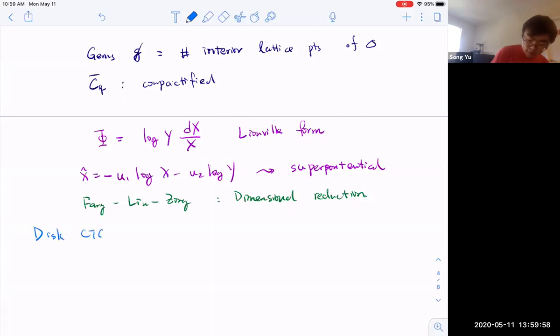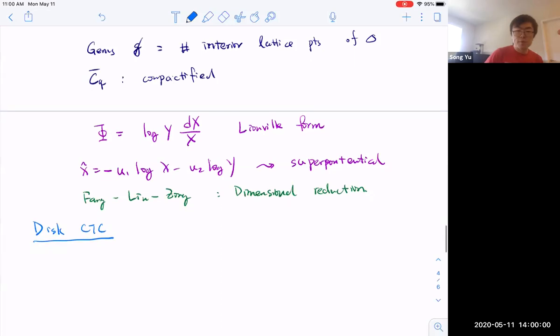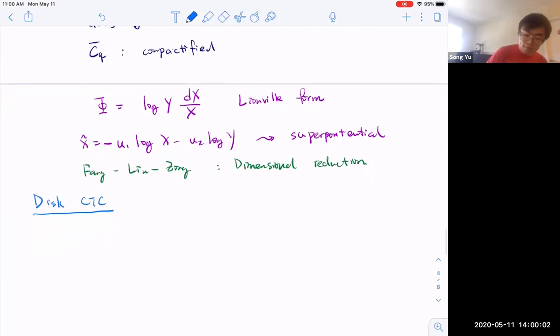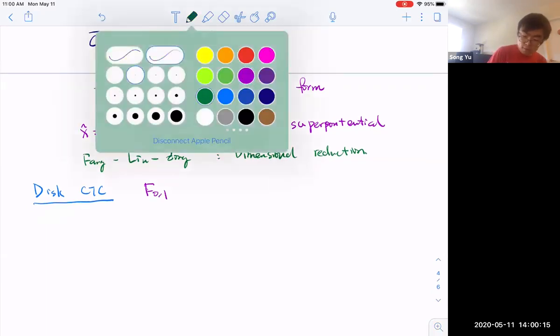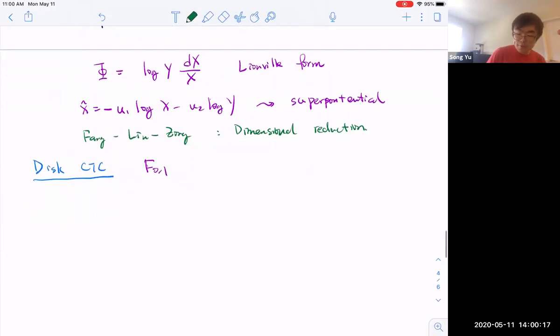So let me just describe how it works in the disk case. For the disk, we're looking at F_{0,1}. So you have a genus zero domain with only one boundary component. The mirror curve will give us more powerful mirror symmetry results. In the disk case, all we need is the disk mirror theorem.